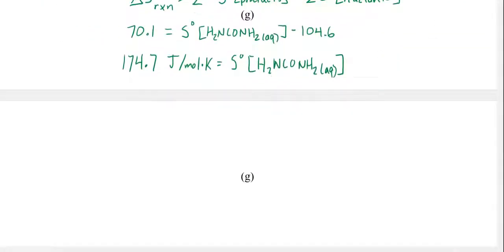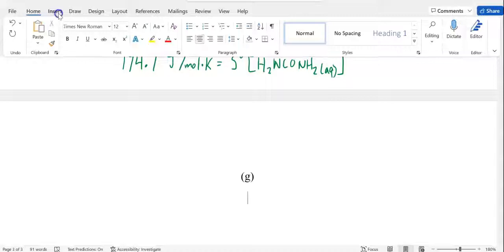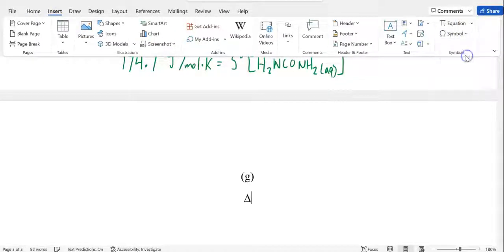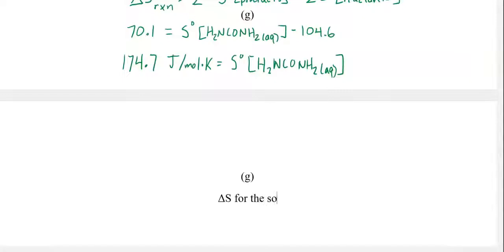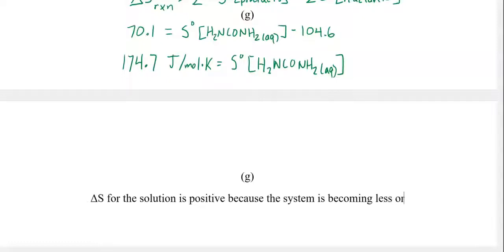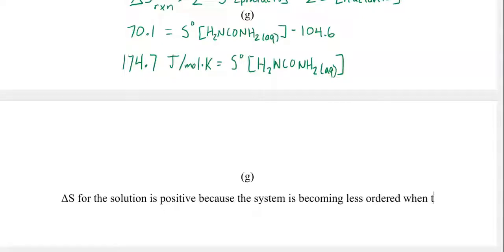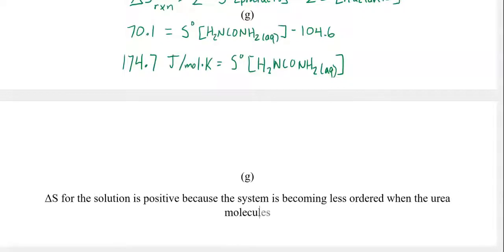So I'm going to say delta S for the solution is positive because the system is becoming less ordered when the urea molecules dissolve in water.